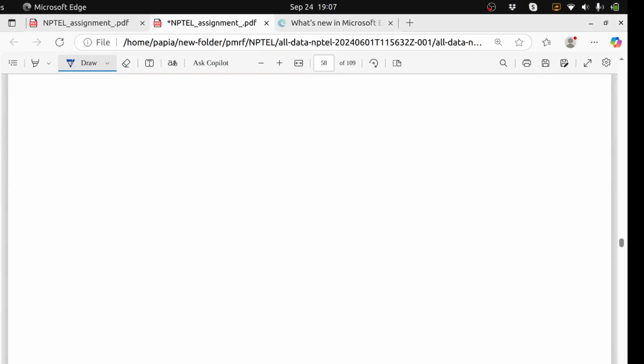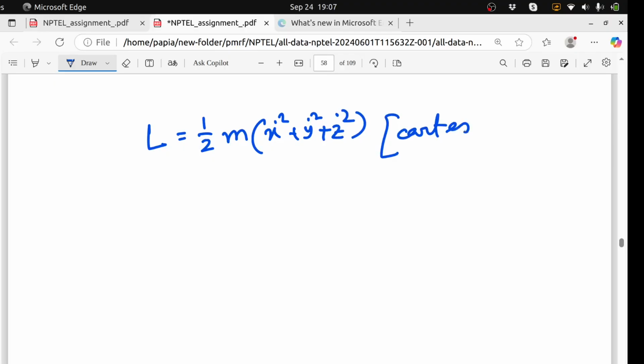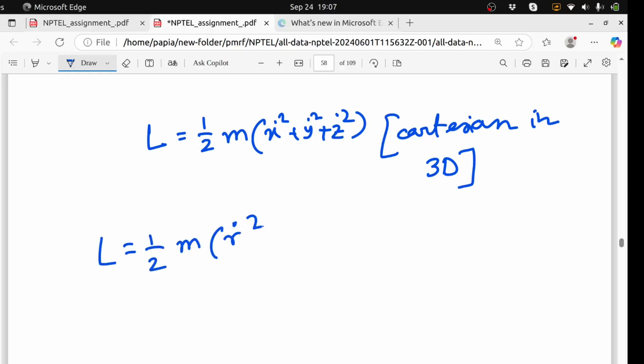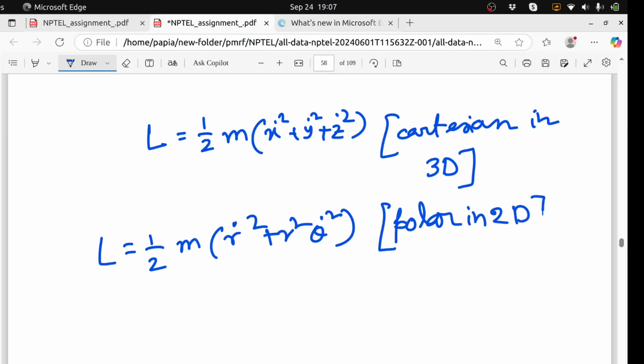Or let's say L equals half m (x dot square plus y dot square plus z dot square), so that will be Cartesian in 3D. Now let's say I am talking about half m (r dot square plus r square theta dot square), so it is polar in 2D.